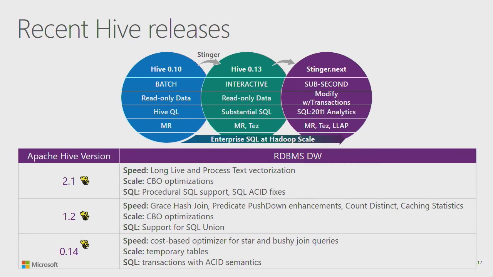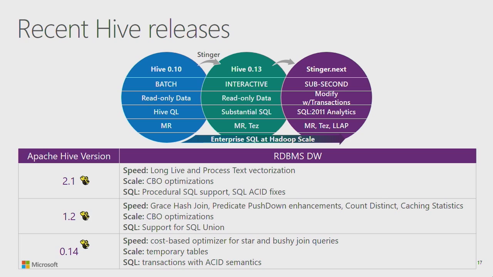So there has been a lot of development in the Hive space, and like I mentioned, it has moved from batch to interactive to sub-second, and with that, a lot of new recent optimizations have gone in. Some of them being, from MapReduce, Tez was introduced, and now LLAP was introduced. So today, HDInsight is currently on Hive version 2.0, which offers long-lived in-process execution.